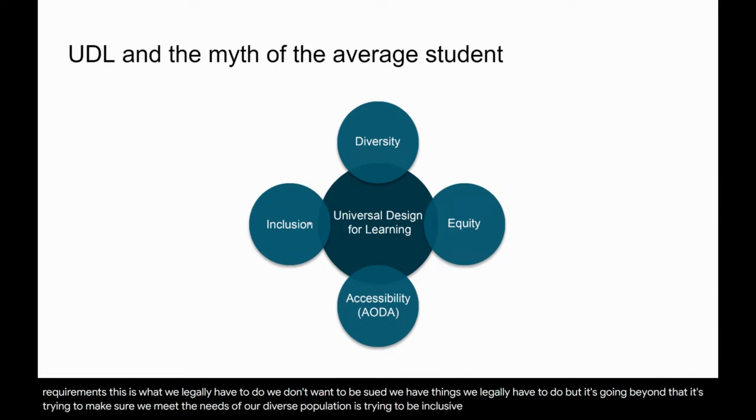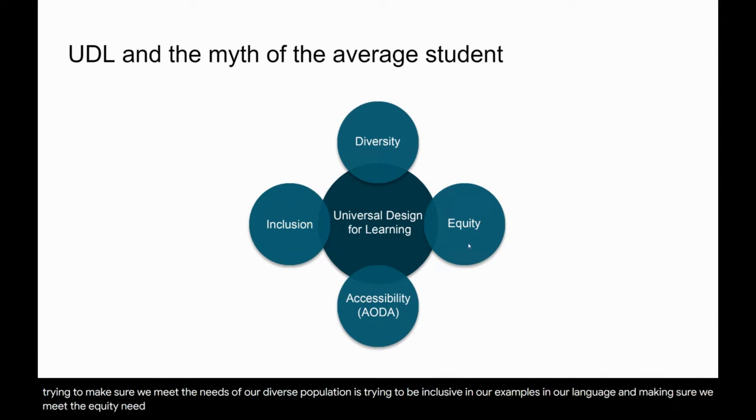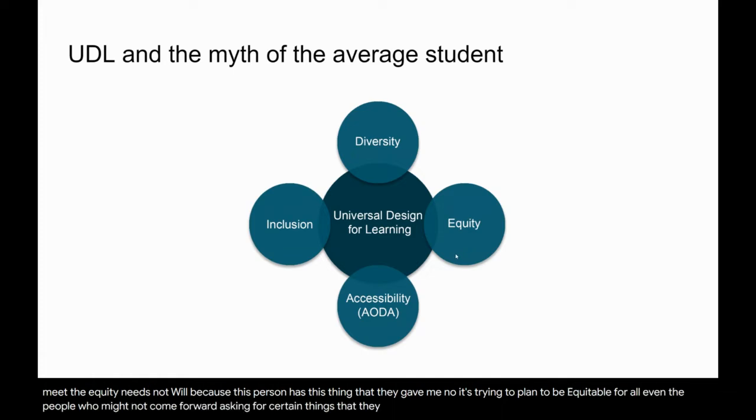It's trying to be inclusive in our examples, in our language, and making sure we meet the equity needs. Not just, oh, I have to be accessible because this person has this thing that they gave me. No, it's trying to plan to be equitable for all, even the people who might not come forward asking for certain things that they need, trying to guess or build that from the start.